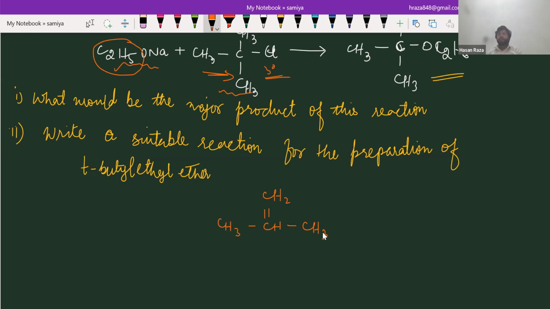Elimination will complete over substitution, and the product IUPAC name will be 2-methylprop-1-ene.